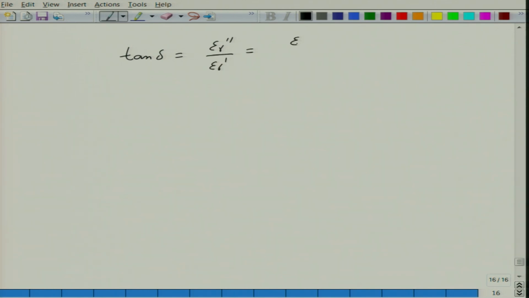This will be equal to epsilon rs minus epsilon r infinity into omega tau divided by epsilon rs plus epsilon r infinity into omega square tau square. So, this is the analysis that we have done.